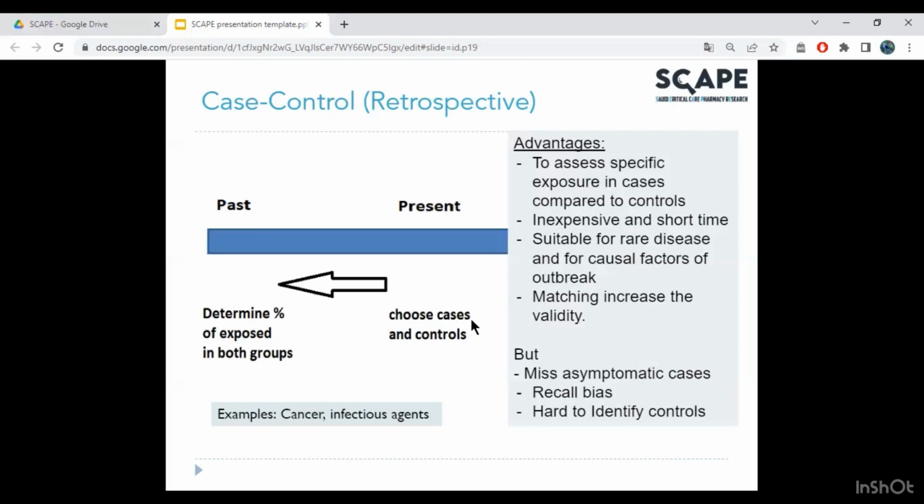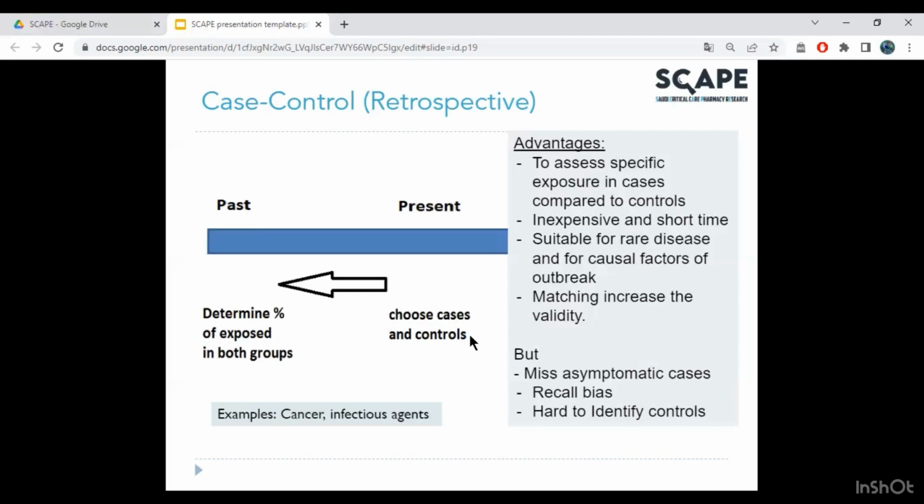So if I want to balance this confounder, I take more males and fewer females in the cases, or I may take 50-50. The same percentage that I take in the cases, I try to make similar in the controls.